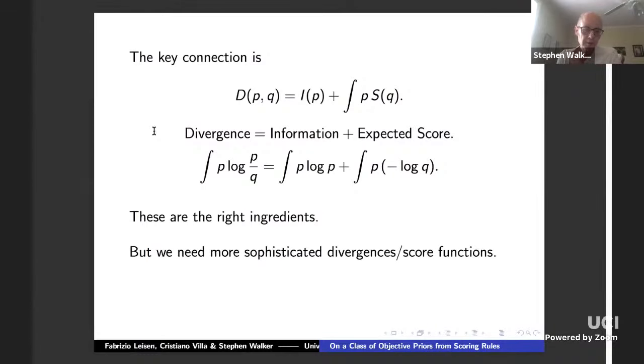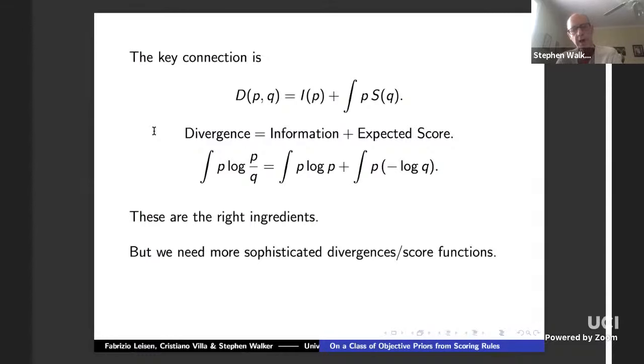Again, trying to put all things together, one of the key connections that looms large over all of this work is this connection between divergence, information and score. So the three that we've just been looking at, log score, Shannon information, and Kullback-Leibler divergence, are connected in this way. And they have become almost uniquely used, as I said, in Bayesian assessments.